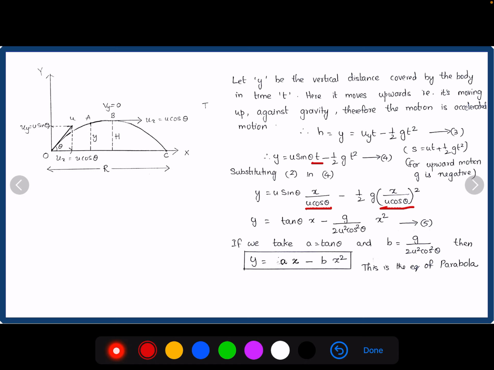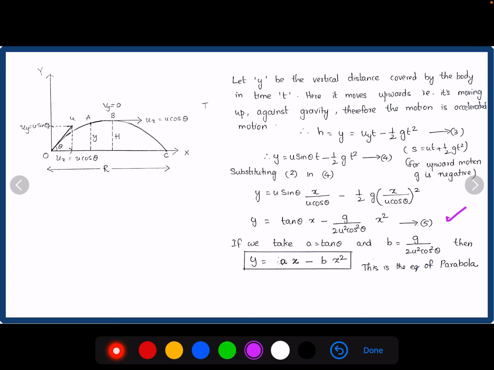Then sin theta by cos theta is tan theta, and u cancels. So y is equal to tan theta into x minus g by 2 u square cos square theta into x square. Let it be equation number 5.